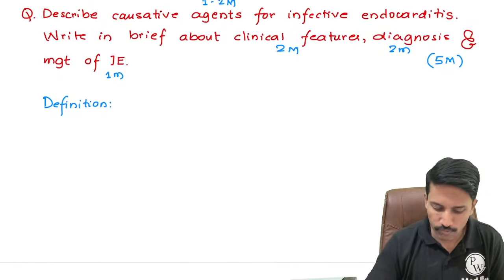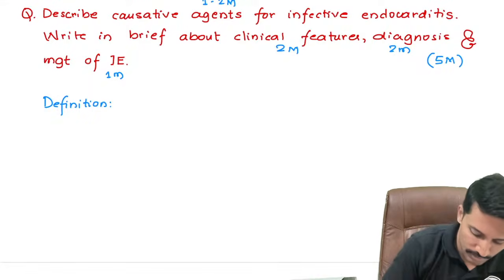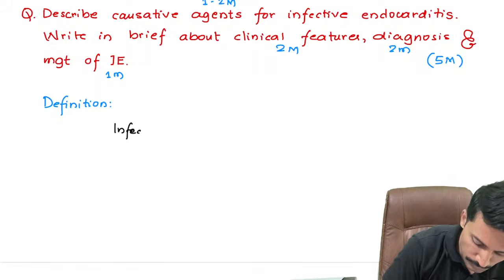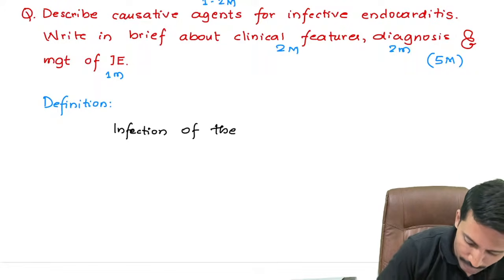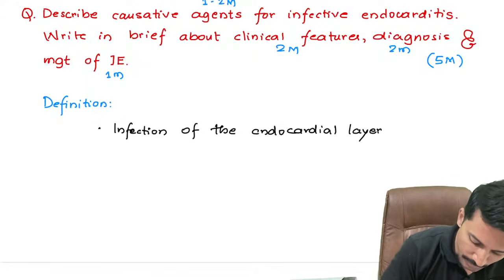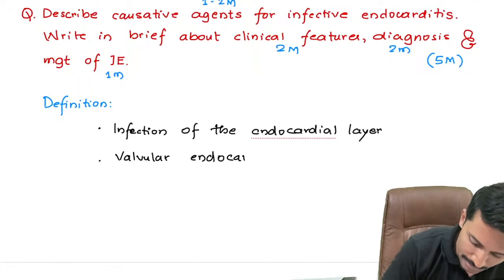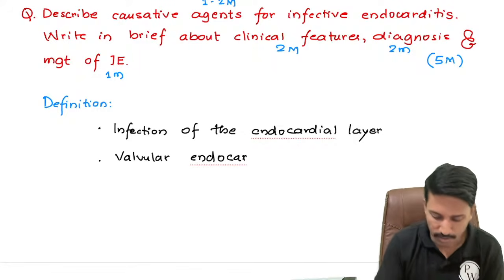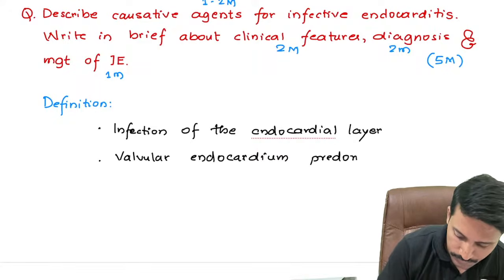Okay. So we will first begin by defining infective endocarditis. So what is infective endocarditis? It refers to infection of the endocardial layer of the heart. It predominantly affects the valvular endocardium more than the rest of the endocardium.